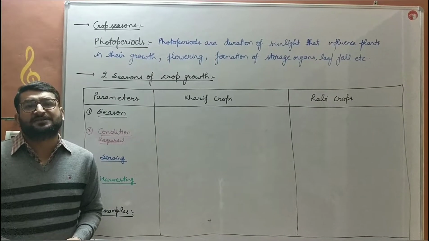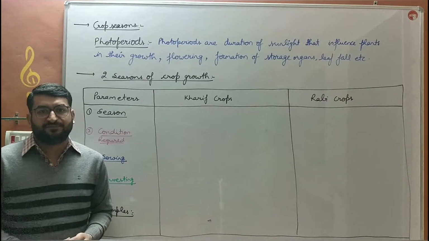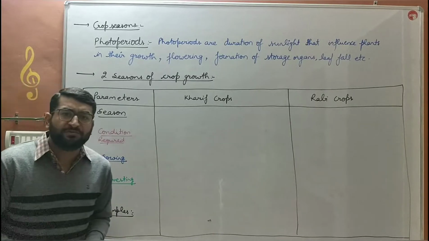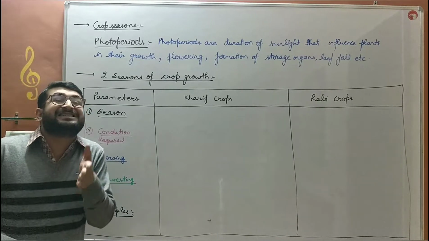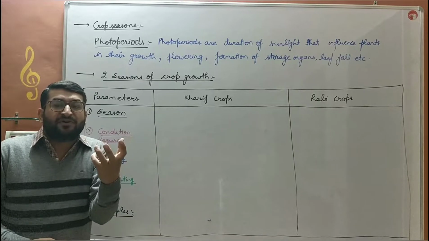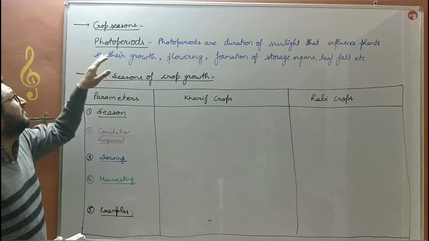Next, we will discuss photoperiods. It is composed of two words. Photo means light and period means the time period, the time required. What is a photoperiod?